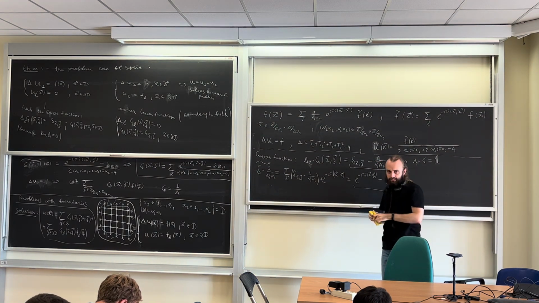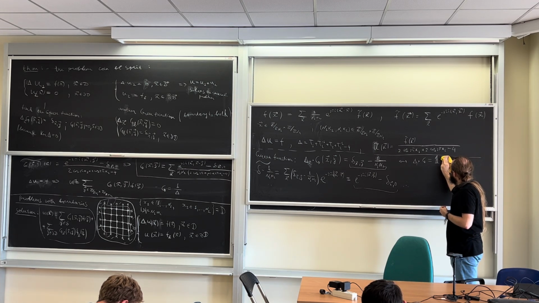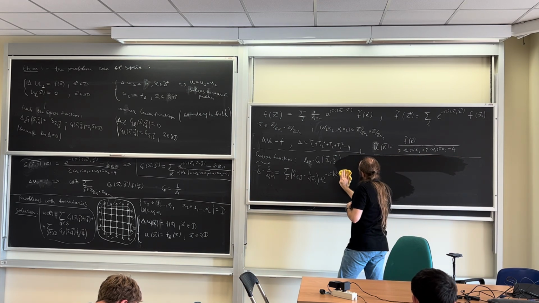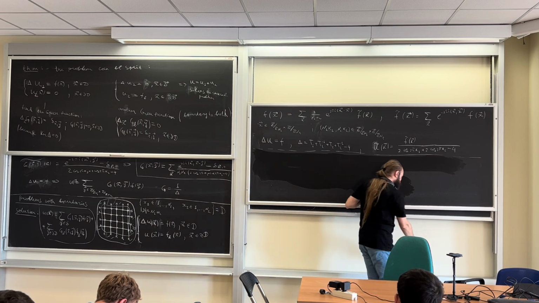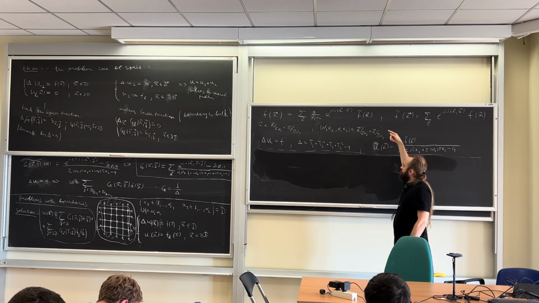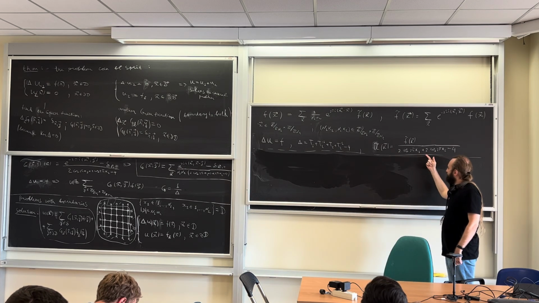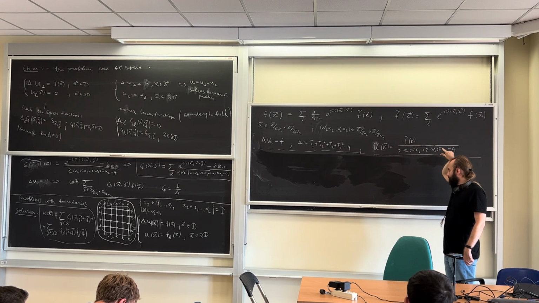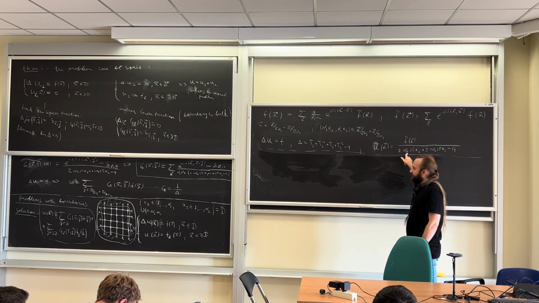So, we saw that a solution of this equation is written in the Fourier space in this way: a solution equals some function times some other function, which is a Fourier image of a gain function.